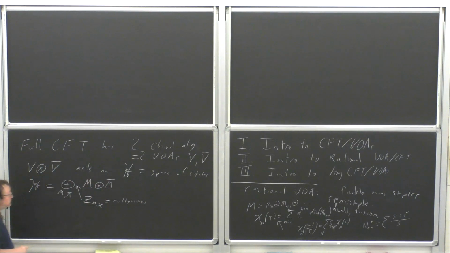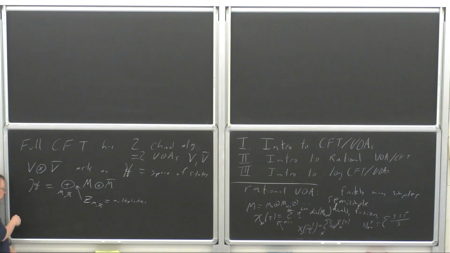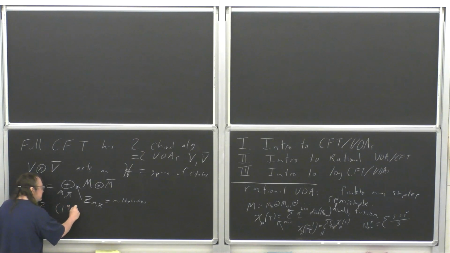And so another ingredient, part of the story, is to try to understand this decomposition, this reconstruction, if you want, of the full CFT from the chiral pieces. The most famous example of this is Cappelli-Itzykson-Zuber, around 1986 or so.